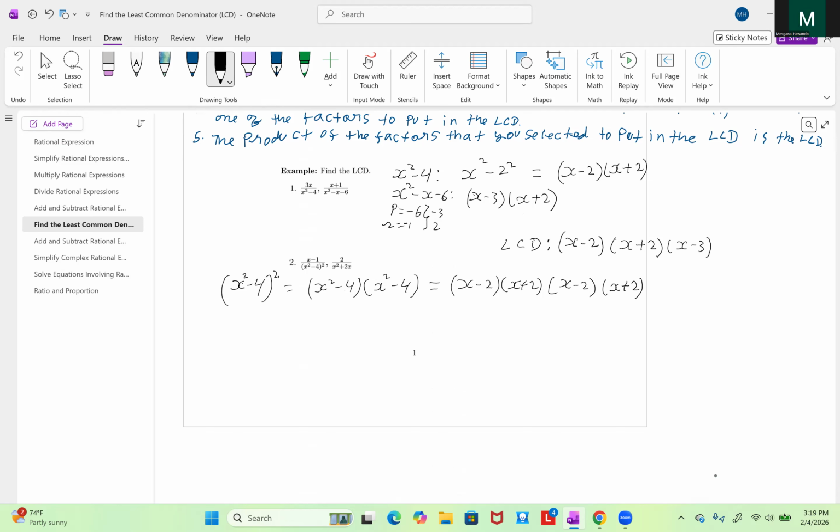x minus 2 occurs as a factor 2 times. So we put this as x minus 2 to the power of 2. x plus 2 occurs as a factor 2 times. So we put it as x plus 2 to the power of 2.